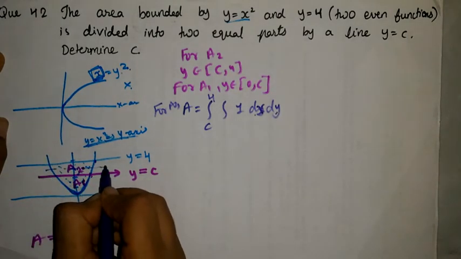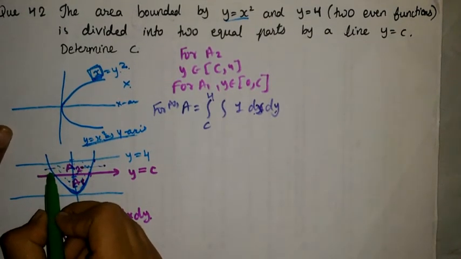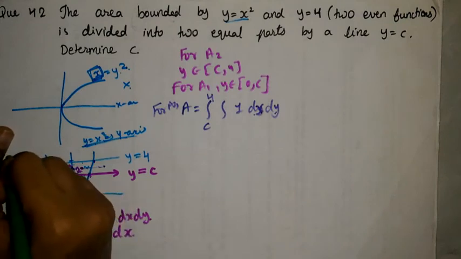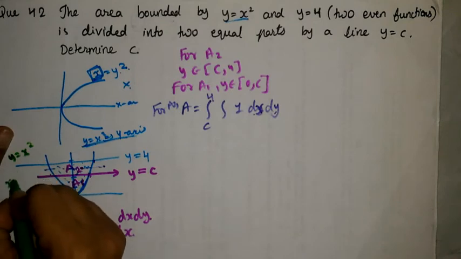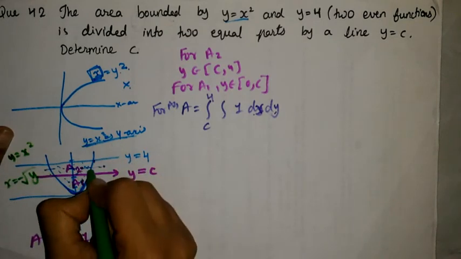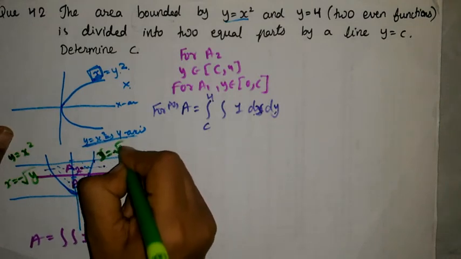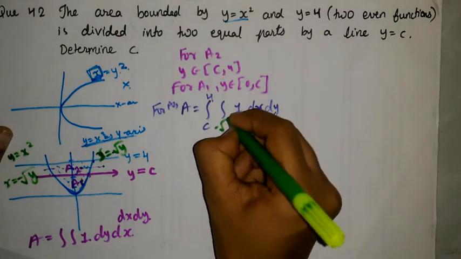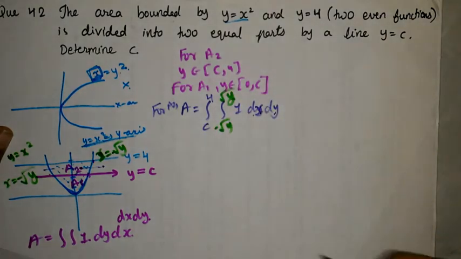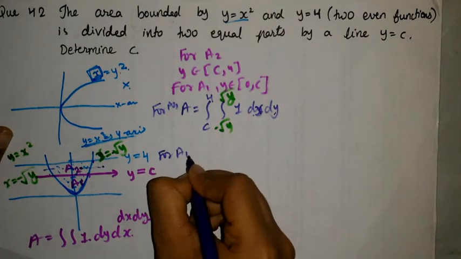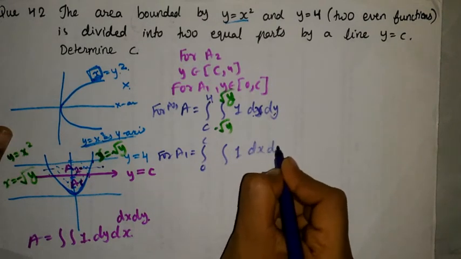When we draw the horizontal line, we can see it is entering from this curve, which is y is equal to x square. But here x is negative, so x is equal to minus root y, and here x is positive, so x is equal to plus root y. So x belongs to minus root y to root y. And similarly for a1, y belongs to 0 to c, into 1 into dx dy.